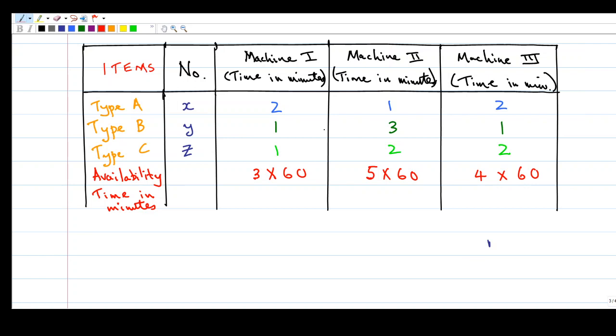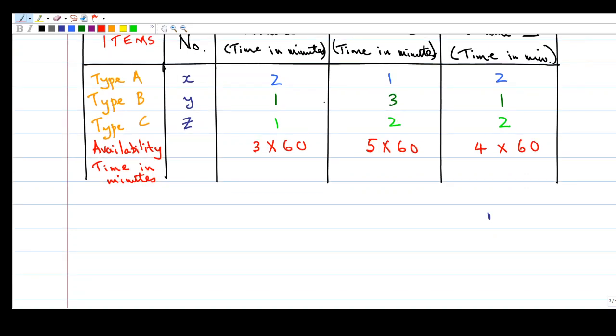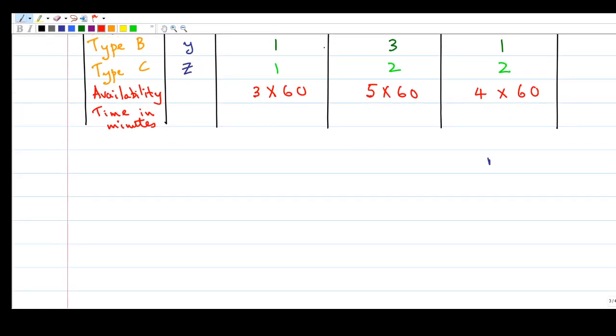Now, we want to know how many souvenirs of each type should Ace Novelty make in order to use all the available time. So here, the constraints, right?